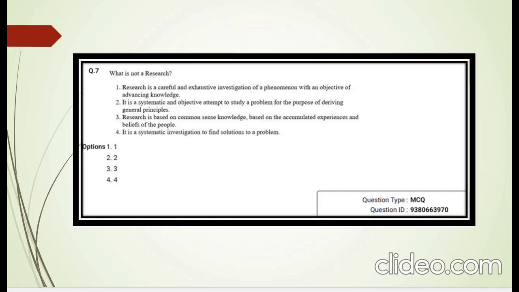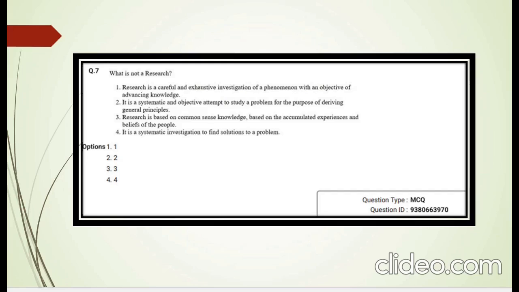Please remember that each of these questions have been asked for the examination. So what is not a research? Research is a careful and exhaustive investigation of a phenomenon with an objective of advancing knowledge. It is a systematic and objective attempt to study a problem for the purpose of deriving general principles.